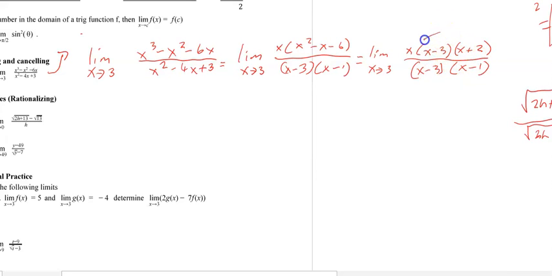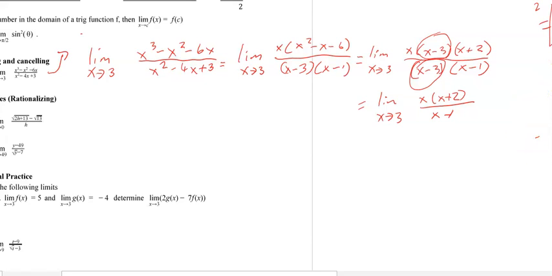Notice there's a common factor in both the top and the bottom. So now this will become a limit as x tends to 3 of x times x plus 2 all over x minus 1. And then let's see if we can plug in at this stage and see if it works out.